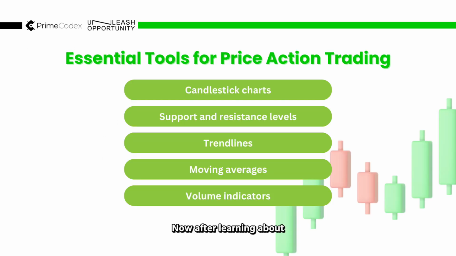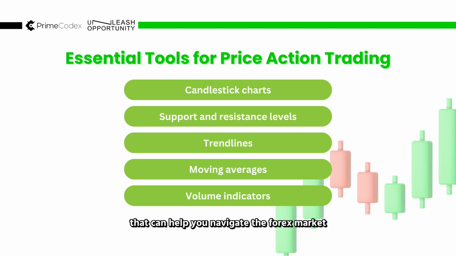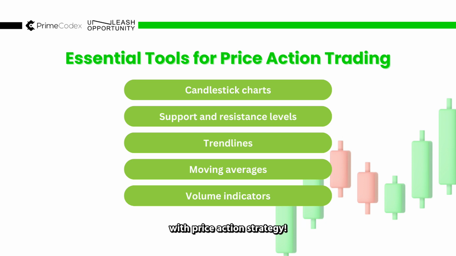Now, after learning about some of the strategies that you can implement, let's break down the essential tools that can help you navigate the forex market with the price action strategy. The first is candlestick charts. Display price action patterns, making them easy to identify. The next is support and resistance levels.